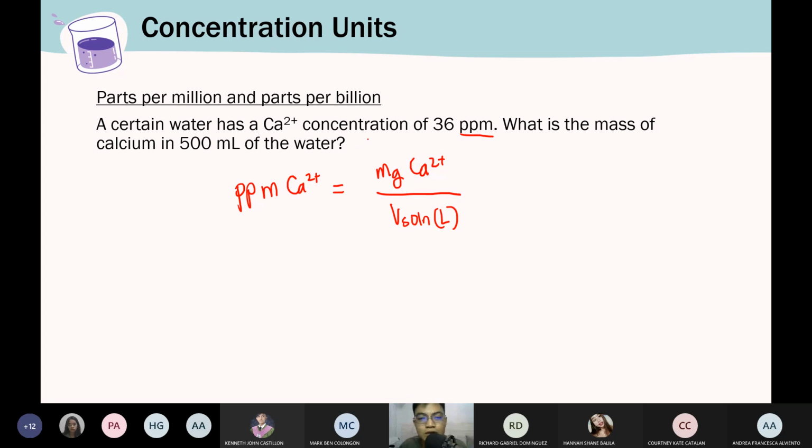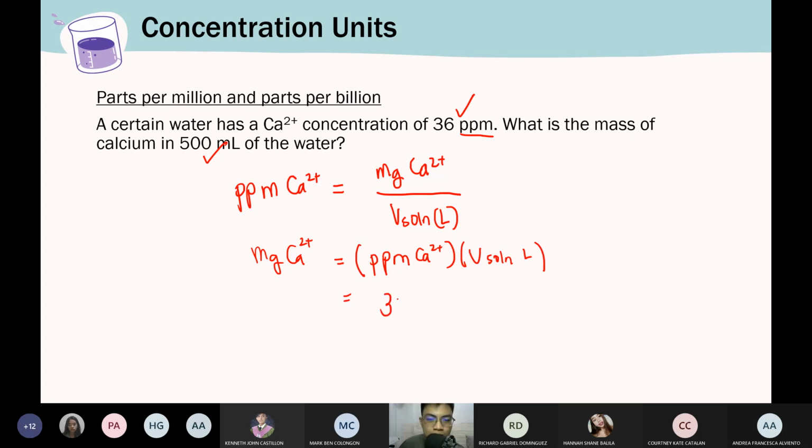So milligrams ng calcium 2 plus divided by volume of the solution in liters. Now, given na yung ppm, ito na yun. Given na yung volume ng solution, which is the water. So we just need to solve for the milligram of calcium 2 plus. So that is ppm, calcium 2 plus, times the volume of the solution in liters.